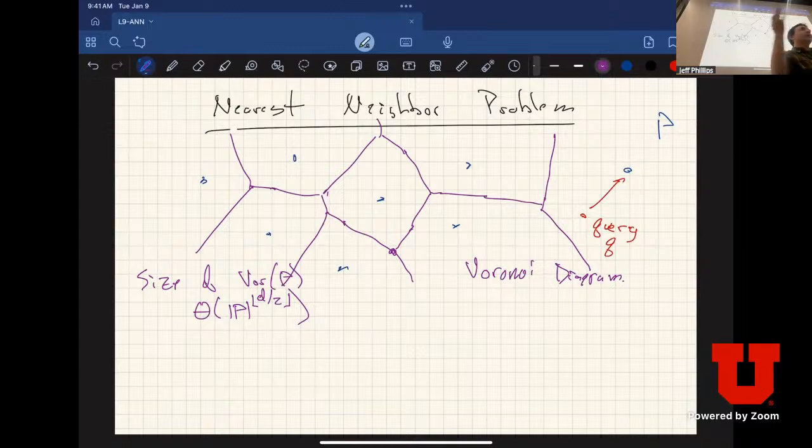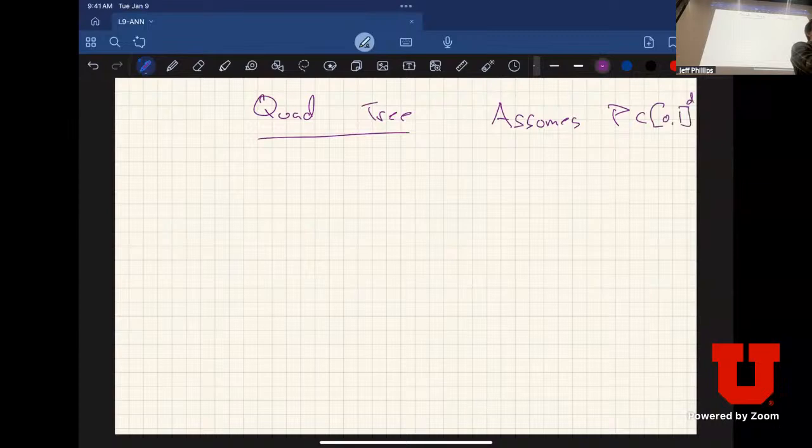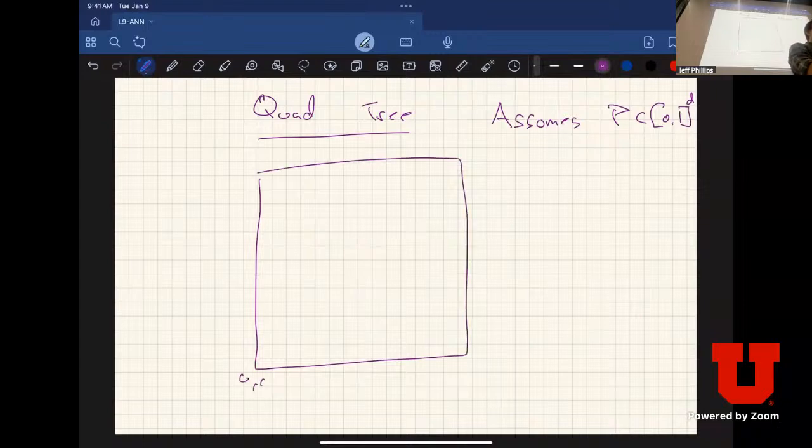So these KD trees, which have some backtracking, and where it's hard to guarantee exactly how much backtracking, work pretty well in practice. There's another approach called a quad tree. This assumes that P lives in a 0 to 1 to the D box, with corners 0,0, 1,0, 0,1, 1,1.